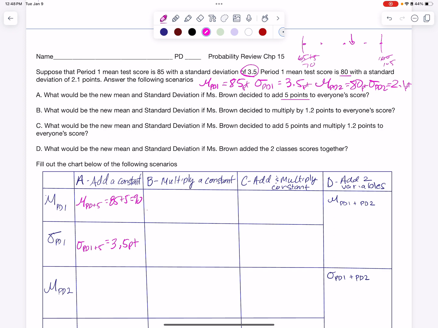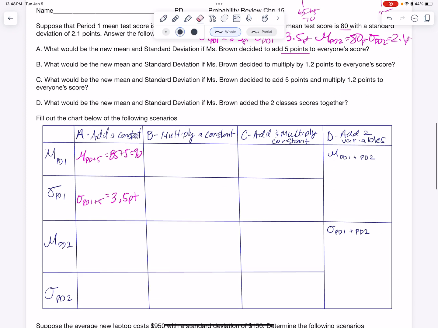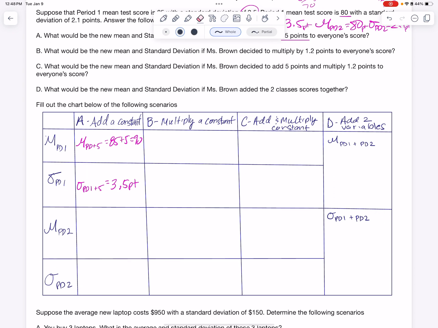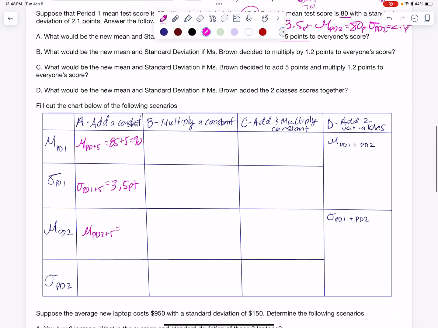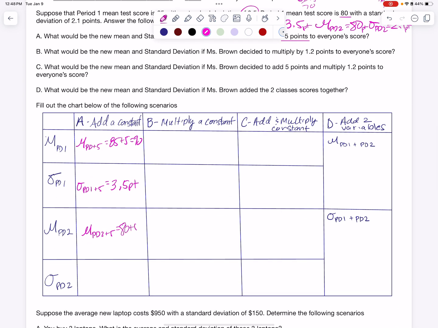Same thing for period 2. The mean for period 2 plus 5 would be 80, I think was the original, yeah, 80 plus 5 to be 85 points. The standard deviation of period 2 plus 5 is going to be just the same, 2.1 points, because the distance doesn't change when I just shift it.